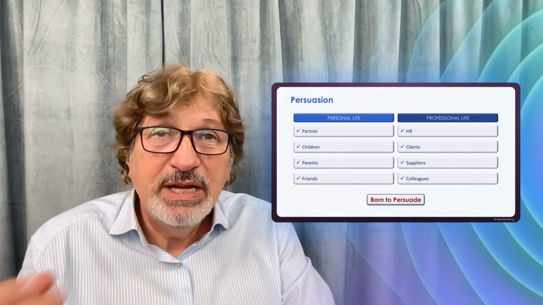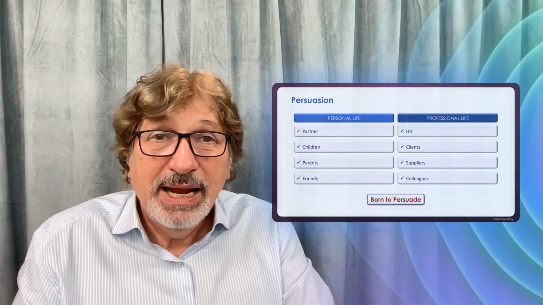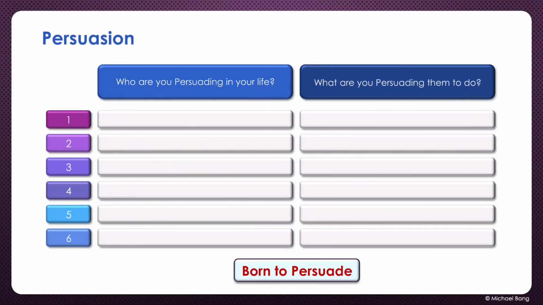The first step is to be aware that I am born to persuade. And how we do it, as you can see in this template, which you have in your workbook: you write down who you are persuading in your life. So here you could write, for example, my wife, and in the next column you write what am I persuading that person to do. You make a list of things to do. Then the next person, let's say my son, little Joe: what do I need to persuade Joe to do?